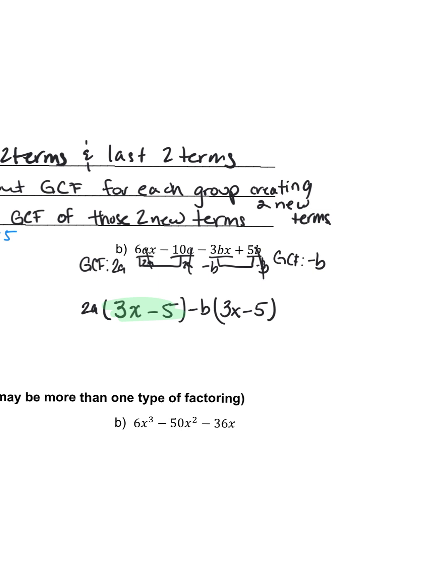Again, there's my nice little factor. Now I can factor out what I see again, which is the 3x minus 5. If I divide everything by that 3x minus 5, I am left with just 2a minus b.